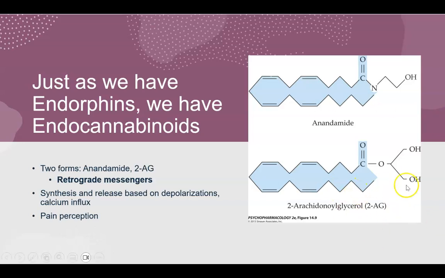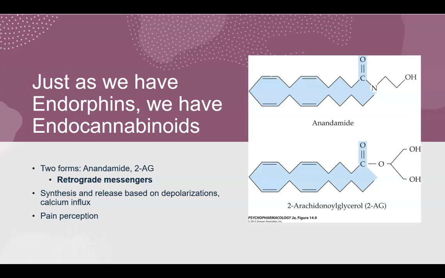And then here you have the other one, 2-AG. So these are endocannabinoids. They are also known as retrograde messengers. That means that they go from postsynaptic cells to presynaptic cells to basically modify different types of effects. So they actually move backwards to exert different types of cellular effects.